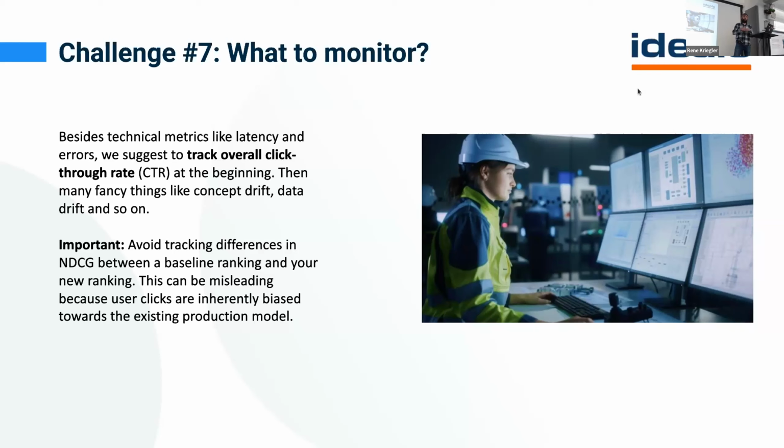It doesn't make sense anymore once your model is in production, because the difference will grow as clicks become biased toward your model, and it just doesn't tell anything. So we had a huge gap between the base ranking and our model over time. And finally, we realized that the model just doesn't perform well from a visual perspective.